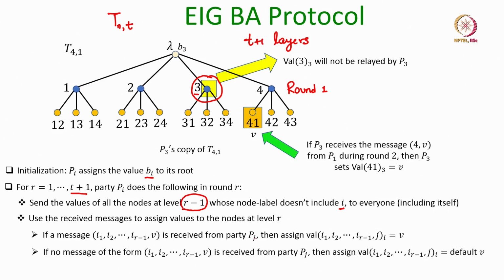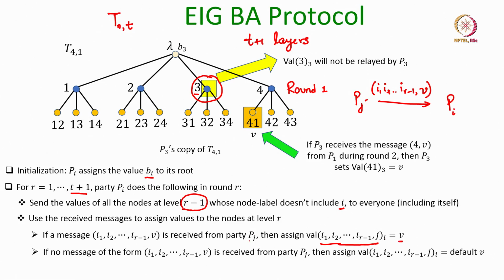If P_i has received a message that a node with label i_1, i_2, ..., i_{r-1} has the value v in P_j's local copy of the EIG tree, then P_i goes to the child node in its local copy of the EIG tree which has the label i_1, i_2, ..., i_{r-1} followed by j, and assigns the value v.